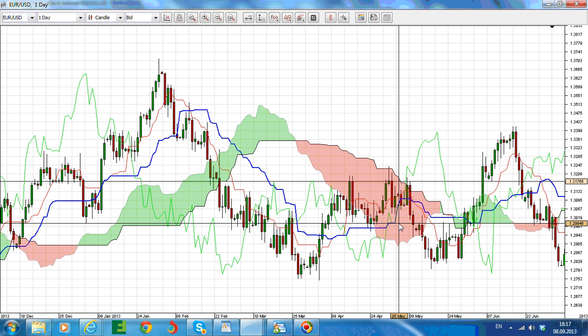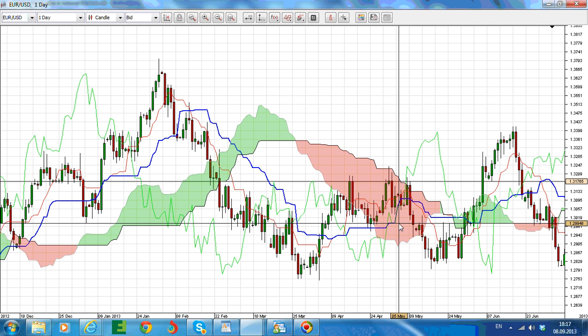A Kinko cross below or above the Kinjun is another clue the trending environment is changing, and this should be considered as well. So looking at how to use the Kinjun is not only to look at the support and resistance area, but also looking at the Kinjun in relation with the other elements the Ichimoku indicator offers.